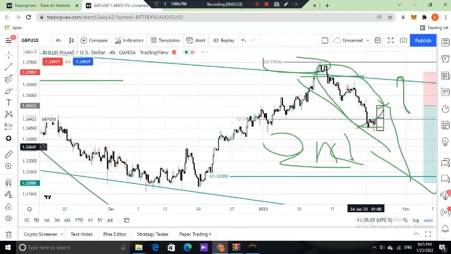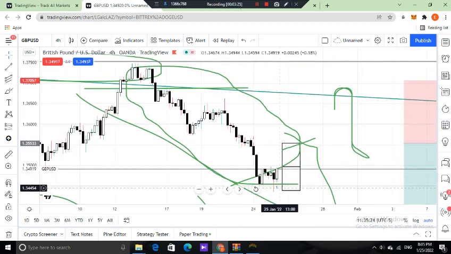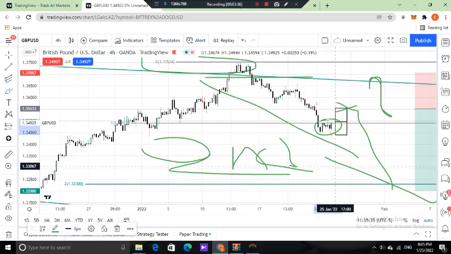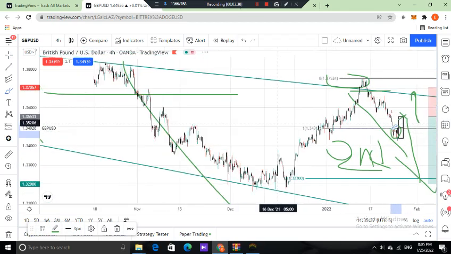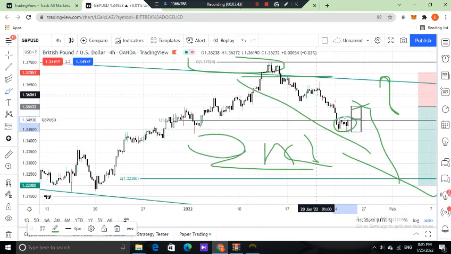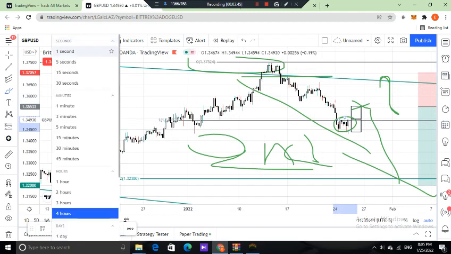So really interesting. And now here we have kind of a double bottom or something. This one looks like a double bottom. That's interesting. We have these two legs down and this double bottom here.